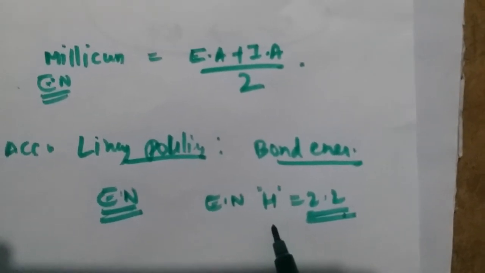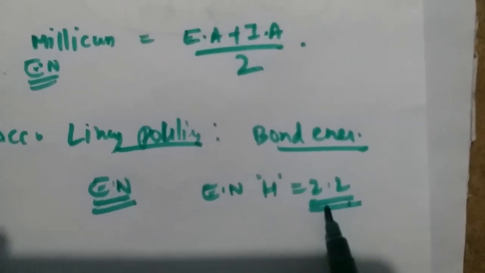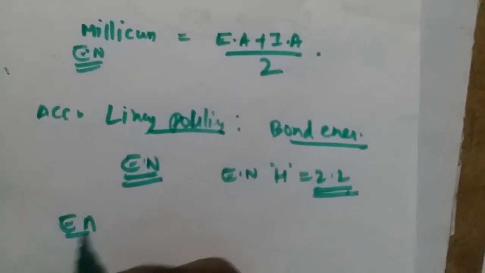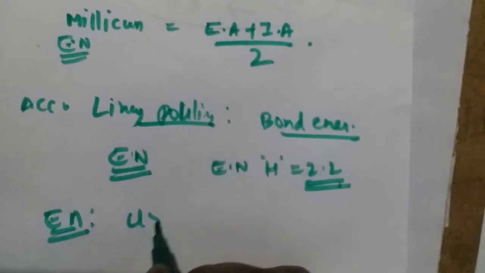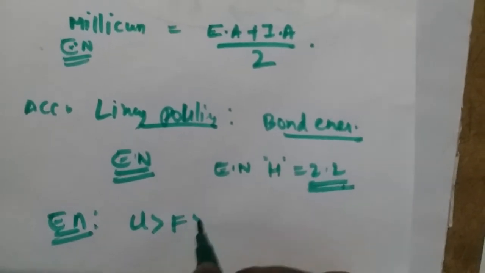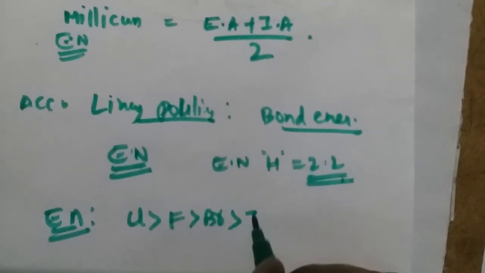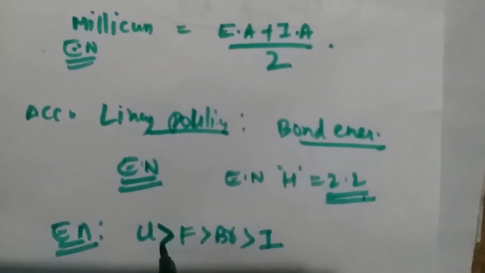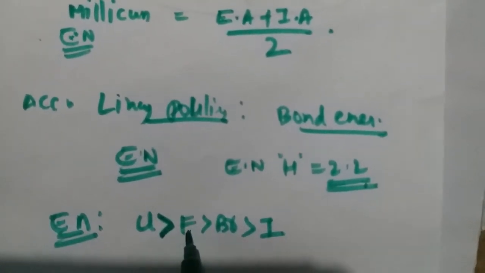Regarding the electron affinity values of halogens, chlorine is greater than fluorine, bromine, iodine. This is the order of electron affinity. Chlorine has more electron affinity compared to fluorine. Why?